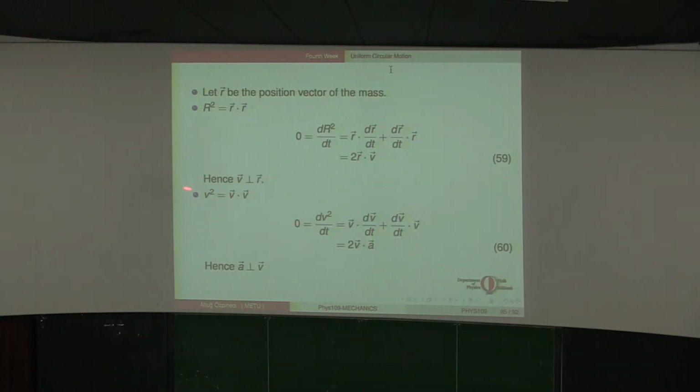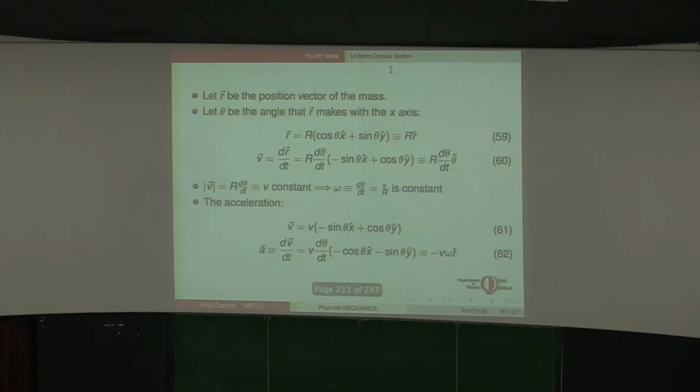On the other side, the derivative of this quantity is twice the velocity dot acceleration. So this also has to be 0. This proves that the acceleration vector is perpendicular to the velocity vector. We know that the velocity is perpendicular to the radius vector, and the acceleration is perpendicular to the velocity vector.